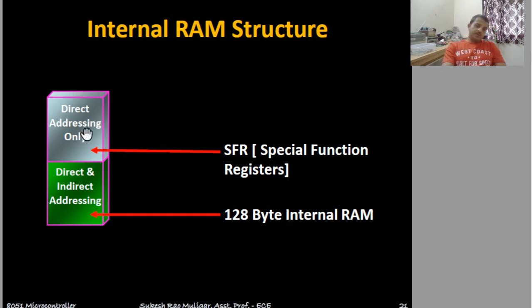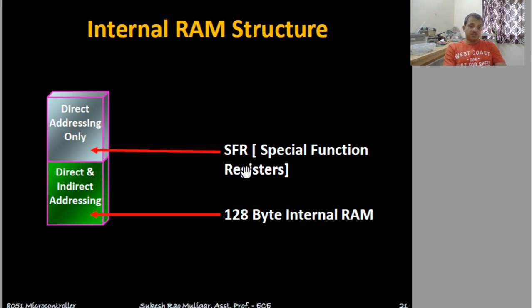Another 128 bytes roughly, the size depends, but generally it is even less than that. Few locations are reserved, and this is the special function register. As the name indicates, it is a set where different registers are kept for different operations, depending on the features of the 8051 microcontroller that we use.